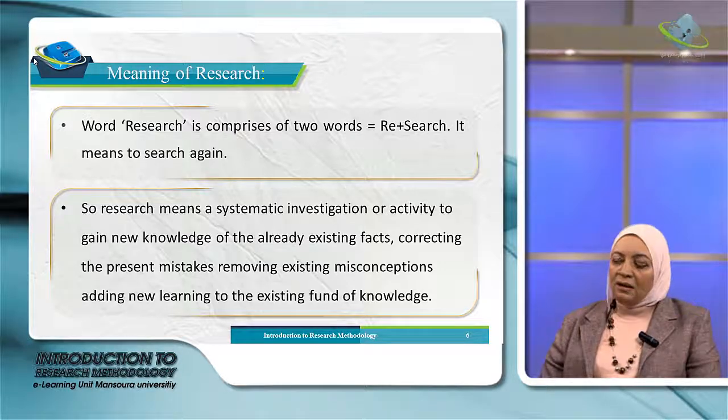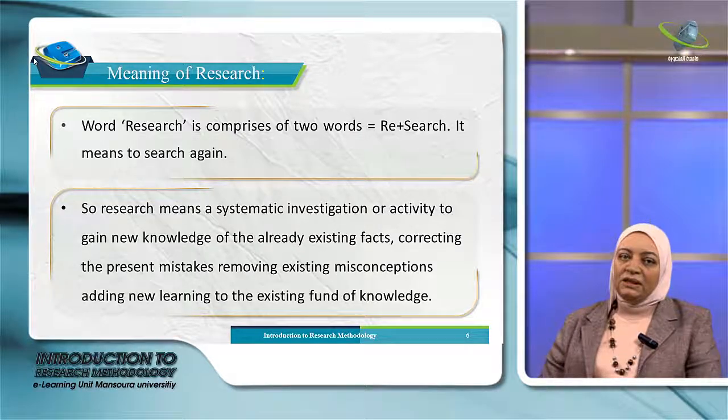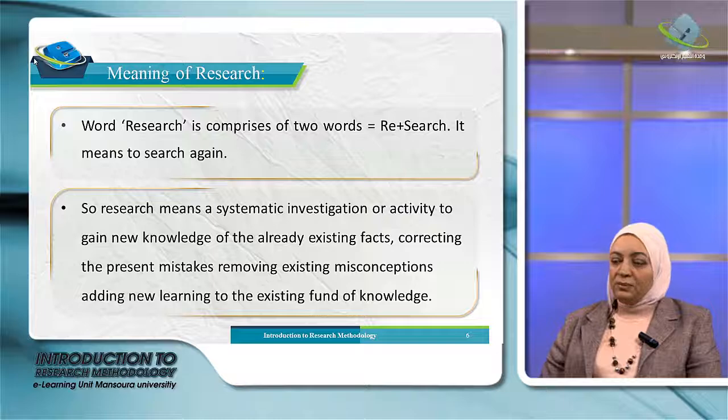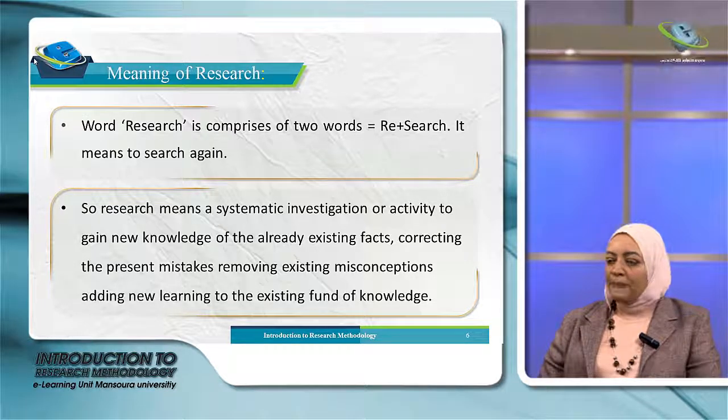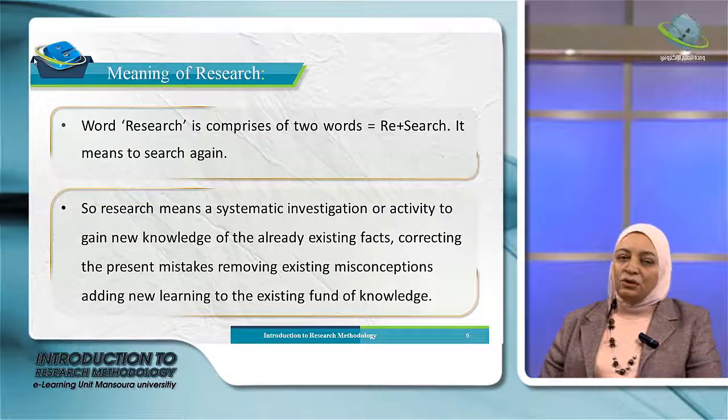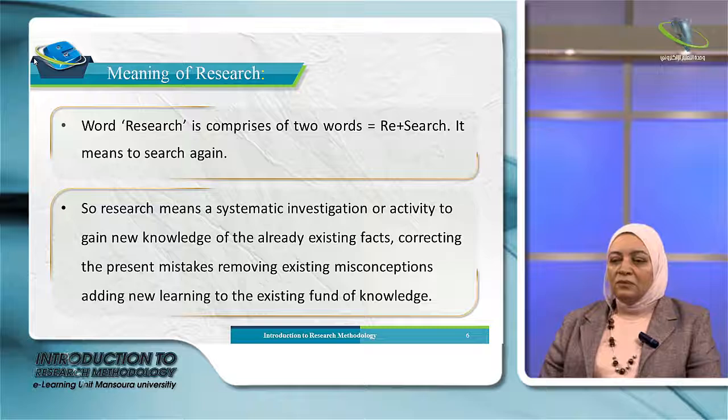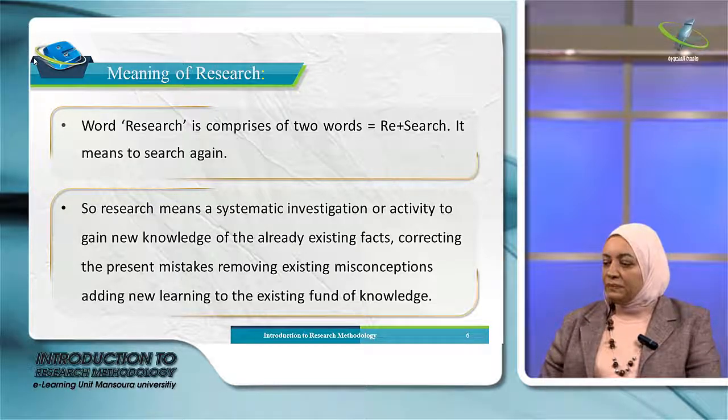If there is a new disease that happens suddenly, we know the signs and symptoms, but we don't know the mode of transmission. So we search in scientific databases to gain new knowledge about the mode of transmission, then make prevention.